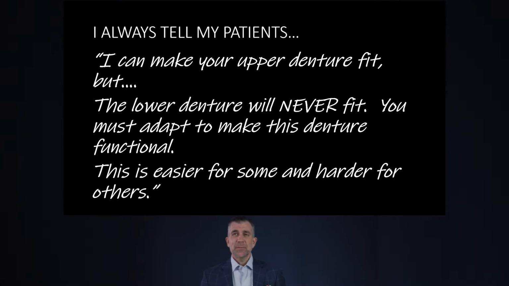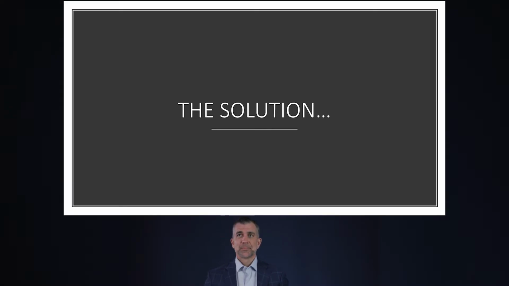I also always tell my patients, I can make your upper denture fit. I can make you a really good upper denture, but the lower denture will never fit. You must adapt to make this denture functional. This is easier for some and harder for others. And once they agree to that, once they understand that, it makes life a lot easier.